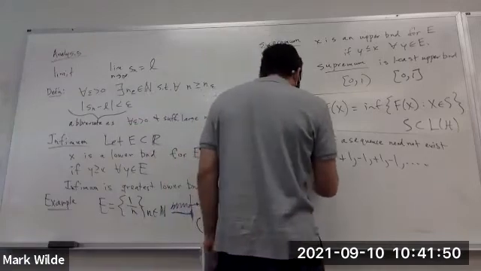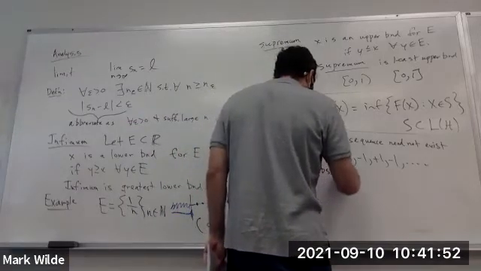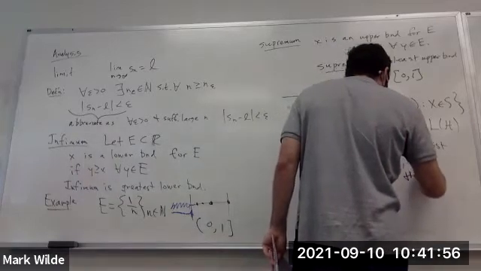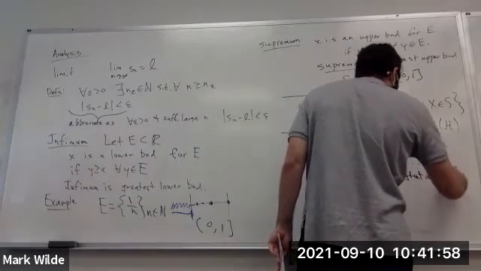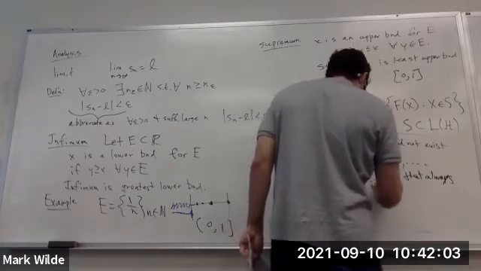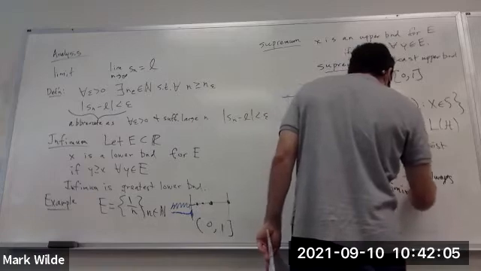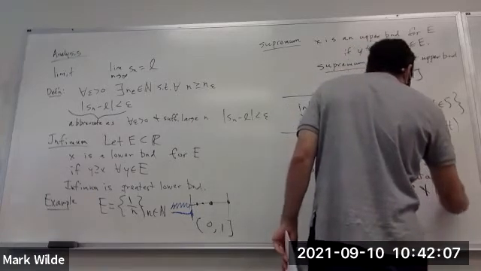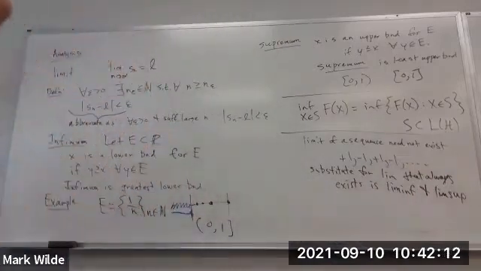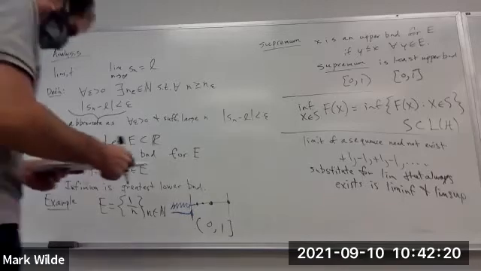So a substitute for a limit that always exists, we abbreviate as lim inf and lim sup. Okay. And then, if the lim inf is equal to the lim sup, then the limit exists, and it's equal to both of them.